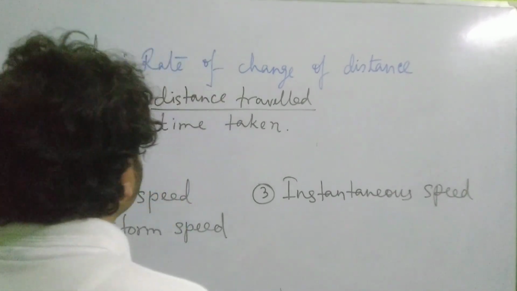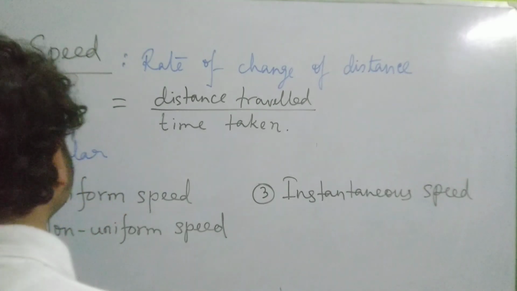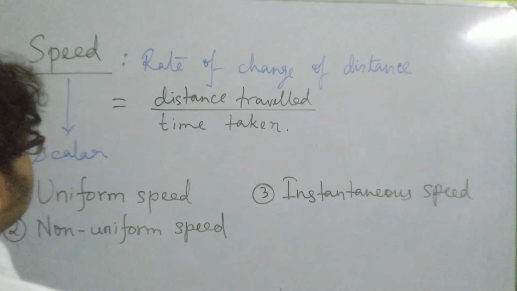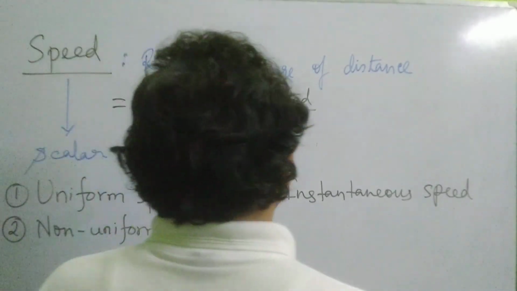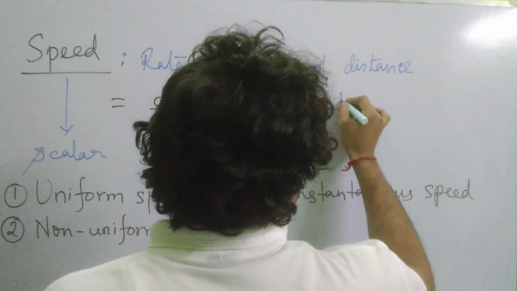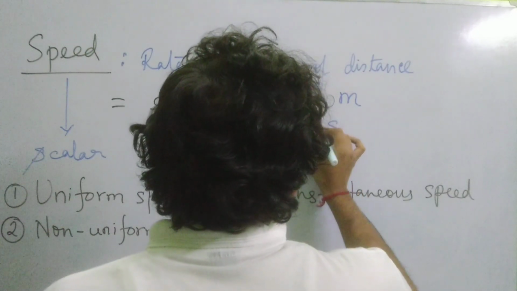Fine. Now the next thing that we skipped: can you guess what the SI unit for speed is? I think you have guessed it right. You know that distance traveled in SI unit is meter, isn't it? And the time taken is second, isn't it?